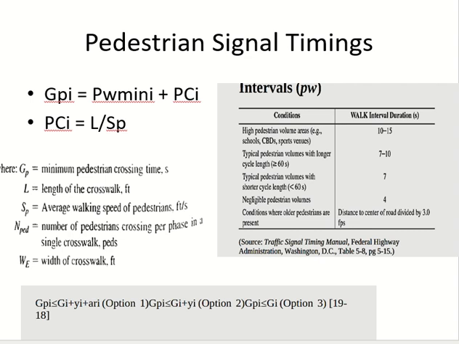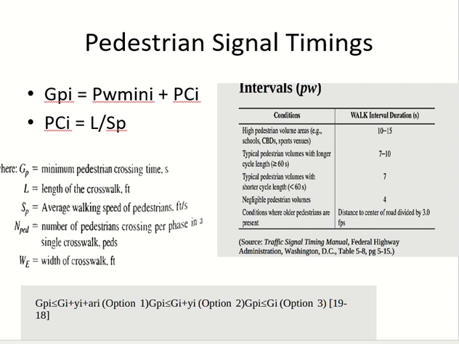So how do we calculate this? It is calculated as the length of the crosswalk divided by the speed of the pedestrian. The speed of the pedestrian is taken as between 3 to 3.5 feet per second.